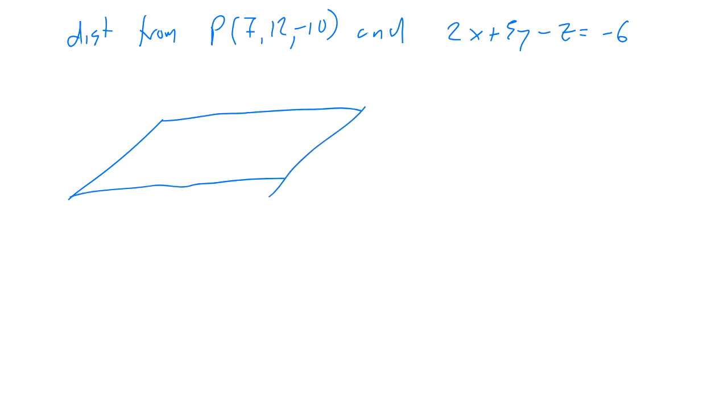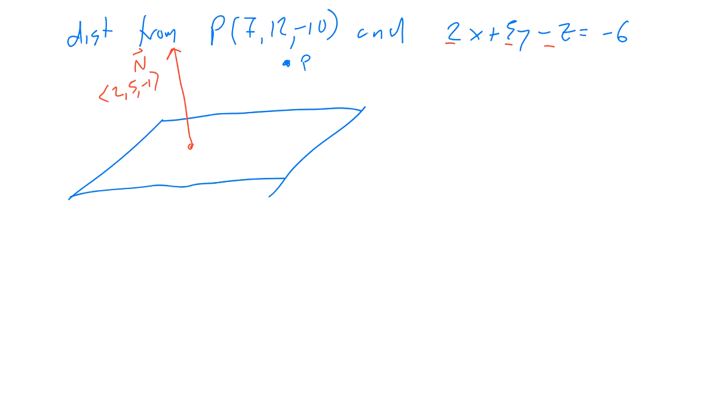So here's our plane. Here's our point P. Looking at the equation for the plane, I can find a normal vector to the plane. In fact, it's easy to see. The normal vector is gotten by taking the coefficients of x, y, and z. So let's just observe that the normal vector is 2, 5, -1.